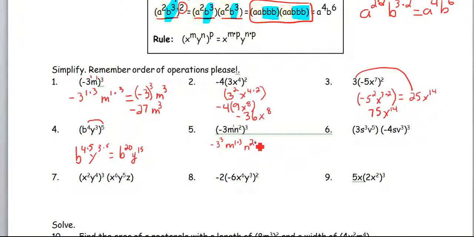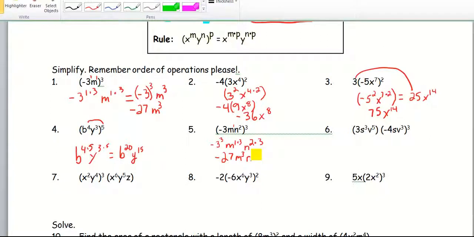Because I have to multiply this 2 times that 3. So negative 3 to the third is negative 27. Then m, remember we're multiplying to the third, n to the 6th.